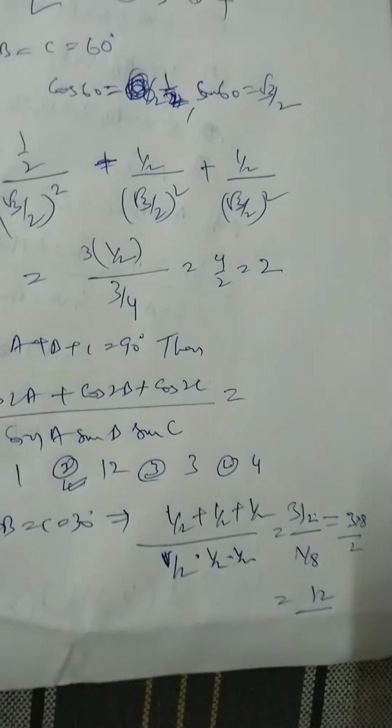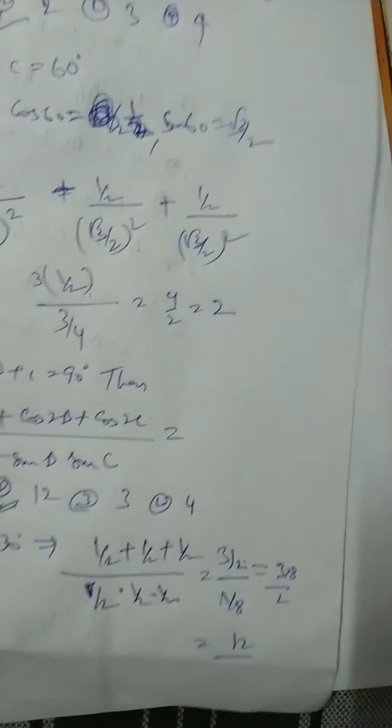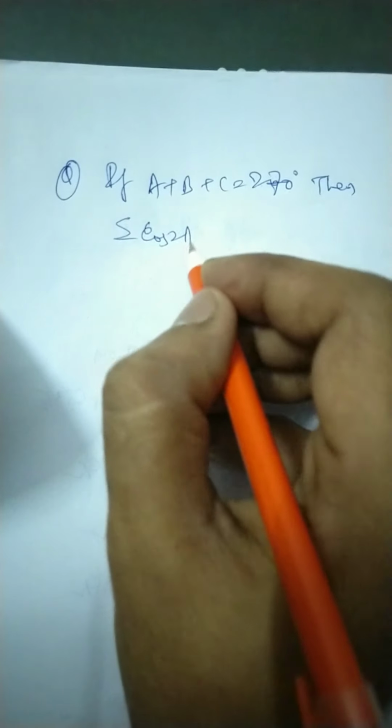Now you can see another problem in a similar fashion. So here is the question. If a plus b plus c is equal to 270 degrees, then sigma cos 2a is equal to.